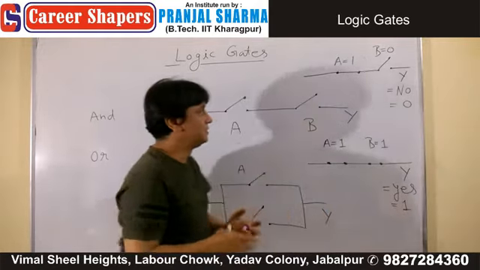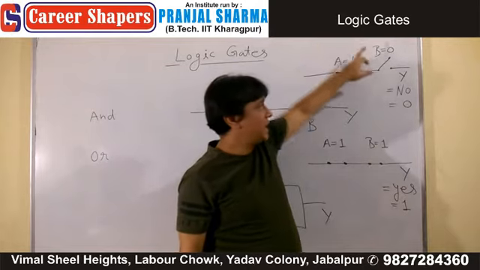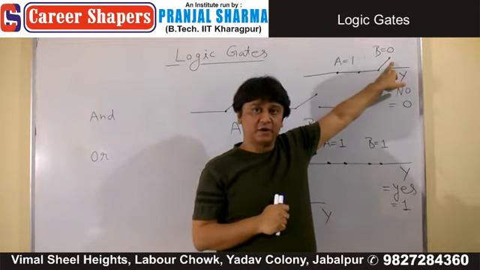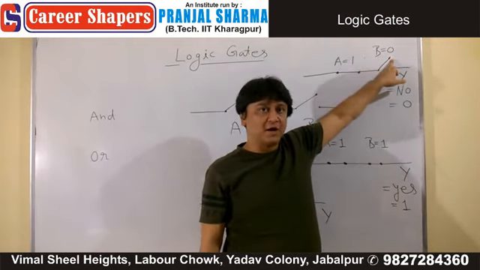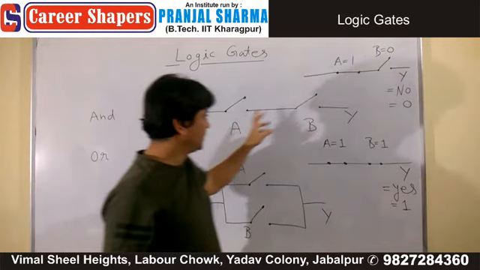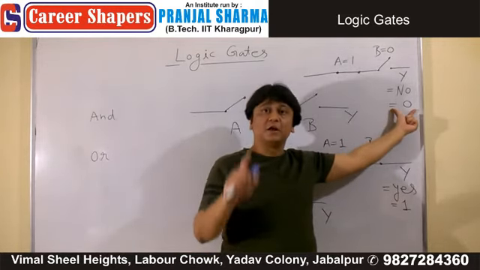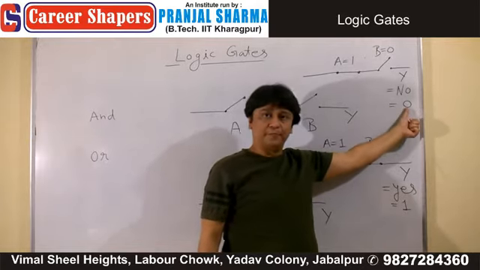We say that if yes and no, these two types of commands are given to a circuit like this, then ultimately we get no current. No means 0.